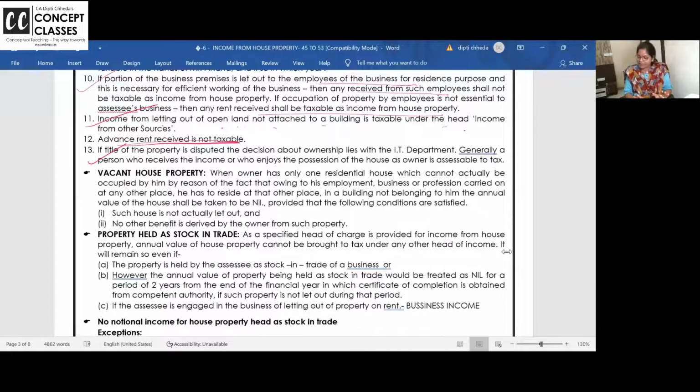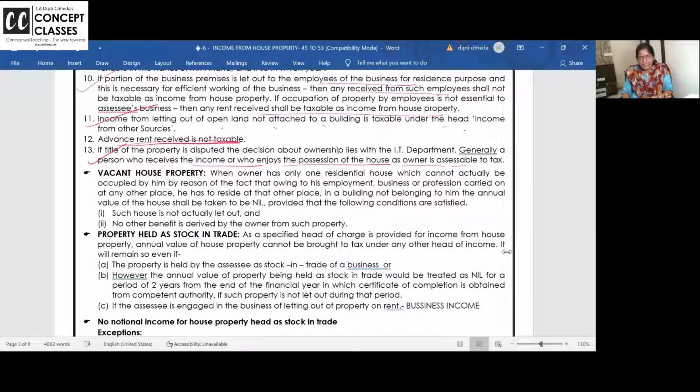I'll read the 13th point, then go back to the 11th if you want me to explain. If the title of the property is disputed, the decision about the ownership lies with the IT department. Generally, a person who receives income or who enjoys the possession is liable to pay tax. Rohan, you are receiving the rent, so you have to pay the tax out of the rental income.